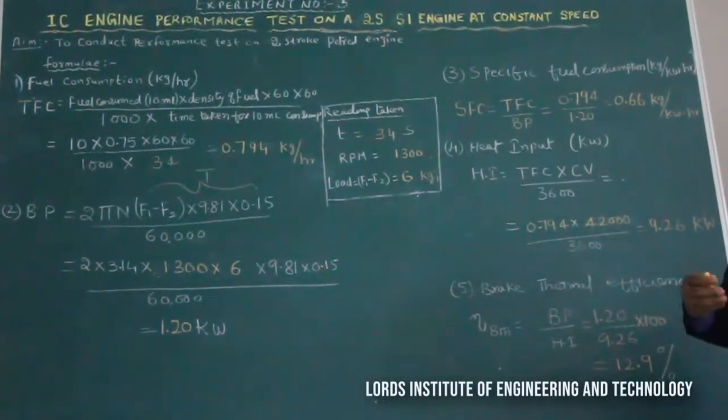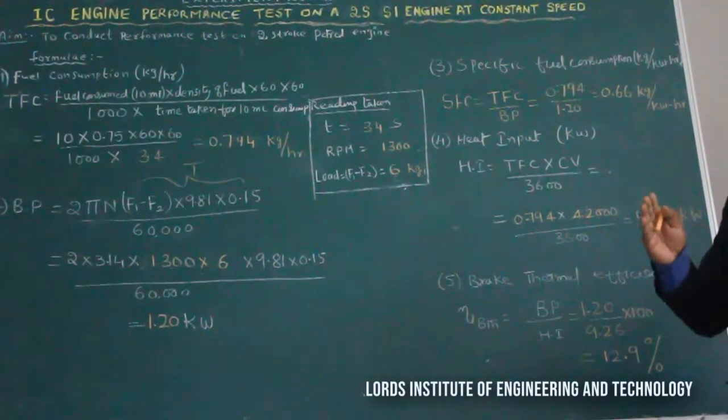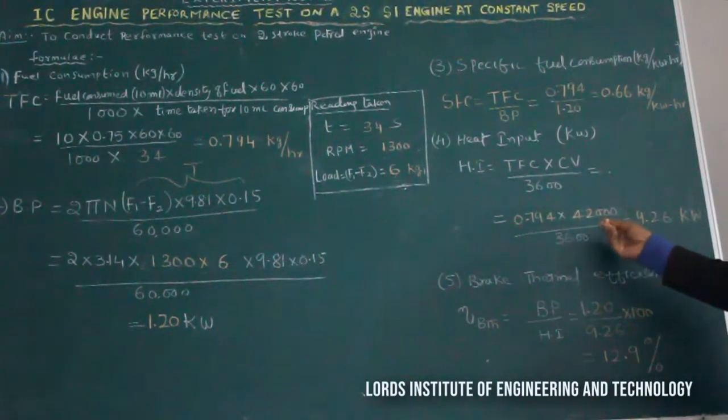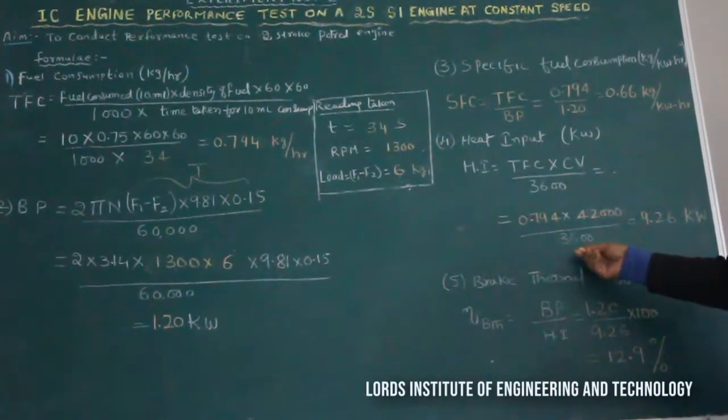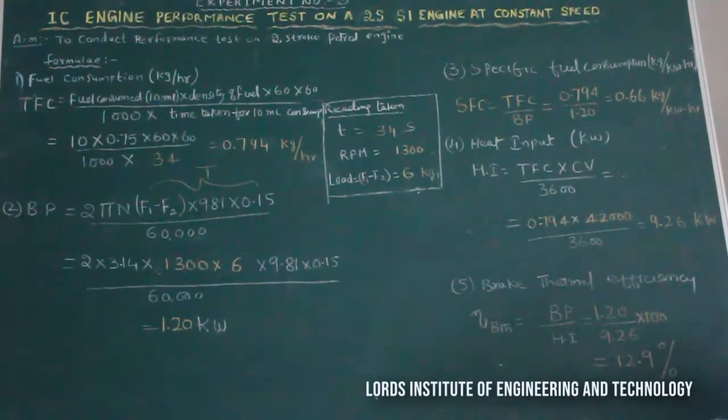So the calorific value of petrol we can take roughly as 42,000 kilojoule per kg. When I multiply this TFC with calorific value and divide it by 3600, I get 9.26 kilowatt. This is the heat input in terms of kilowatt, because if you divide anything as a ratio, both should be in the same unit.